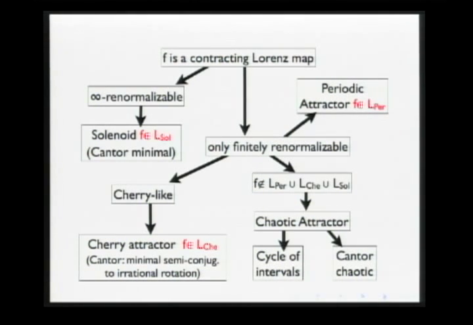And in the remaining case, you have a chaotic attractor that can be a cycle of intervals or a chaotic Cantor set, but perhaps this we can prove doesn't exist. But for now we have to say that perhaps it exists.